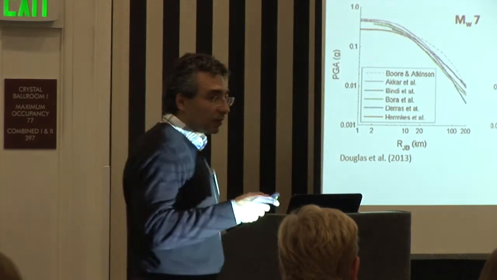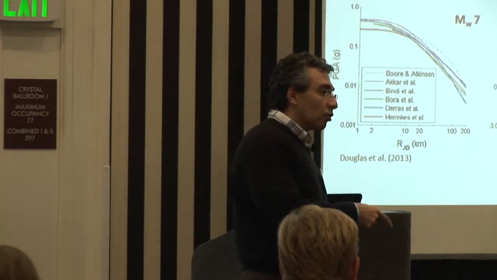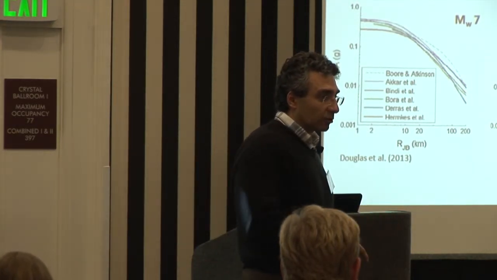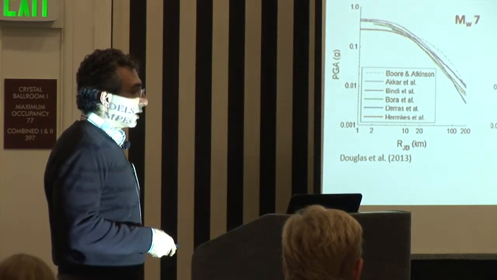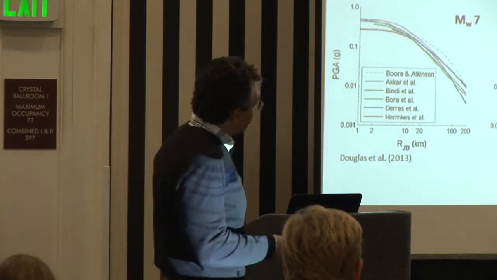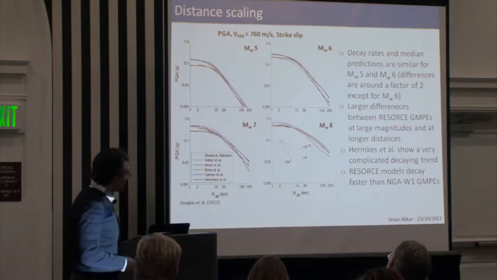In my opinion, this is because we're adding more emphasis on smaller magnitude events. We have more smaller magnitude events than large magnitude events, and this could be the reason why we're observing differences as magnitude increases.